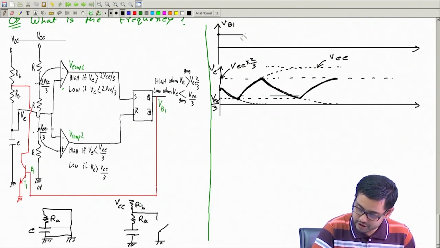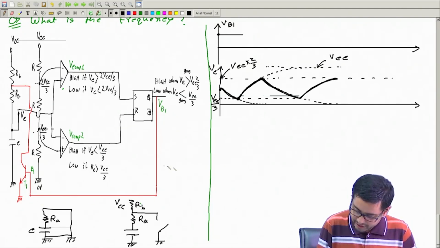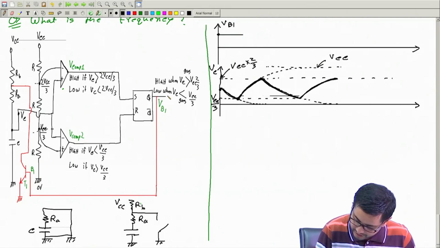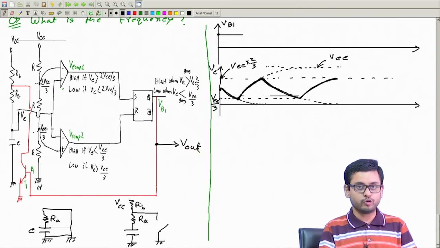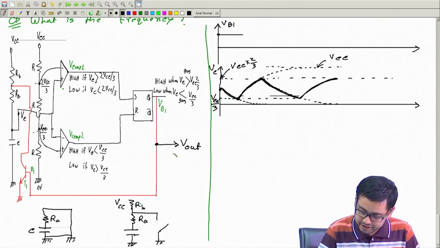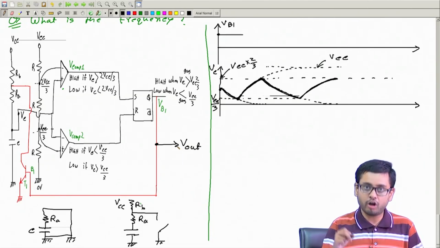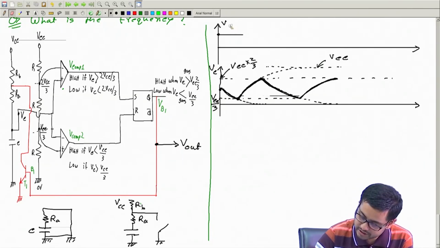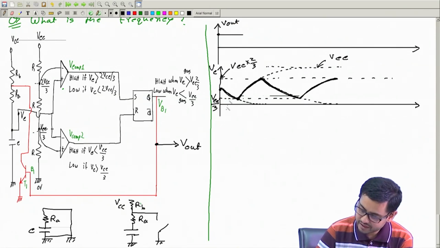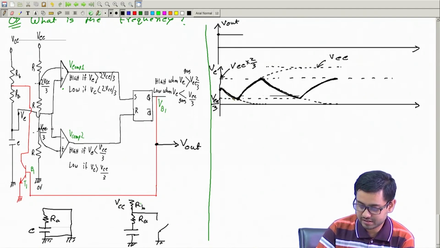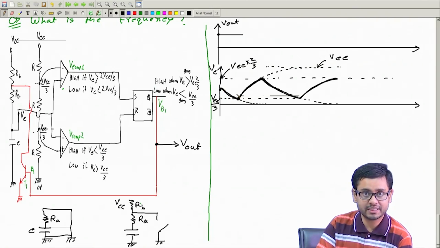And how about this Vb? Let me call this Vb as V out. Let this be the output voltage of the circuit, which is also oscillating. Here in this part, when the capacitor is discharging, why is the capacitor discharging?